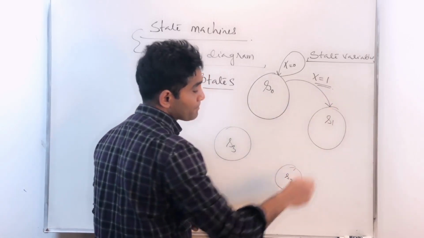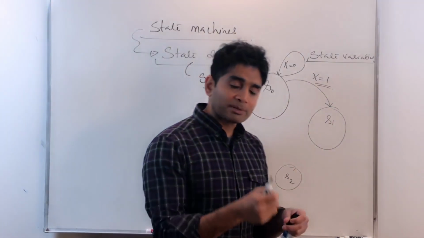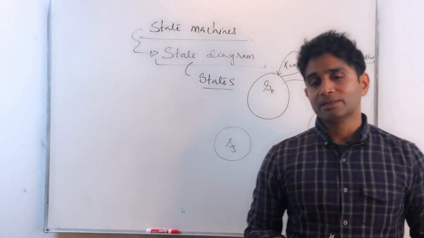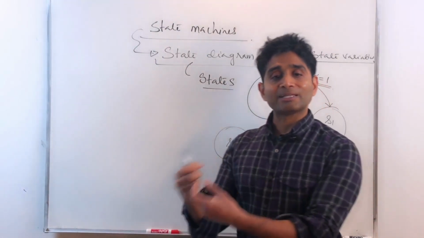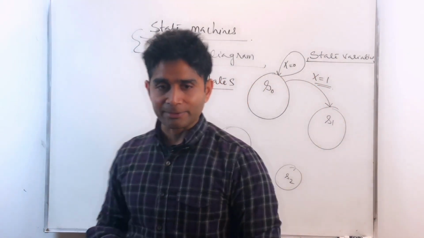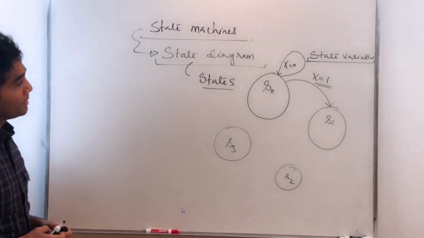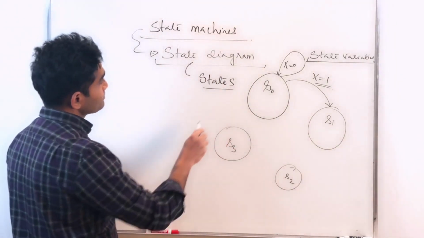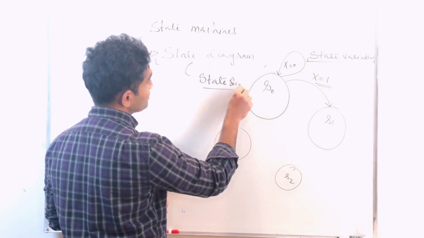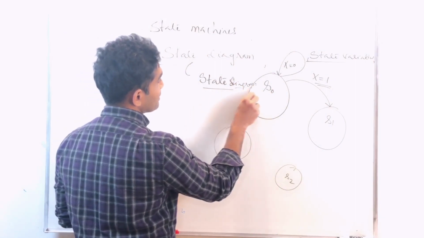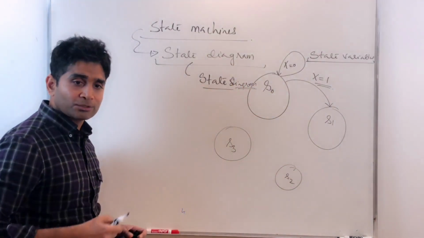So those inputs and the present state at any given time determine what my next state should be. That's the idea here. So that's the state diagram, a very important aspect in the construction of a state machine.